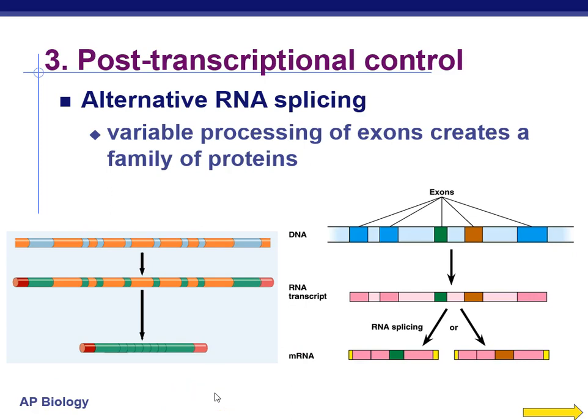Another level of gene expression is post-transcriptional control. So this means after you've already transcribed the mRNA, well, what can we do with it? Well, that mRNA has DNA's code, and within that code could be different versions or alternative ways to read it.